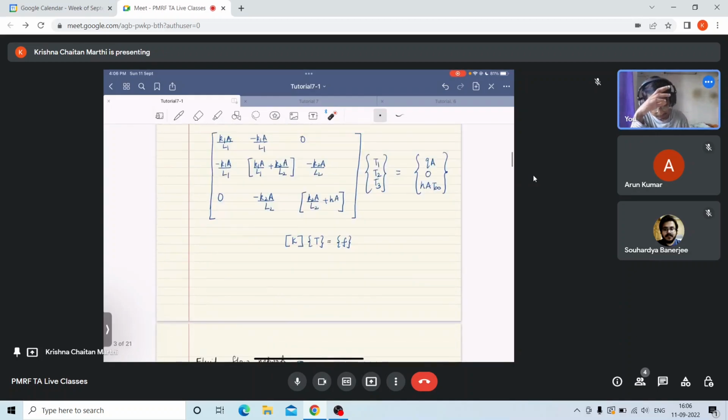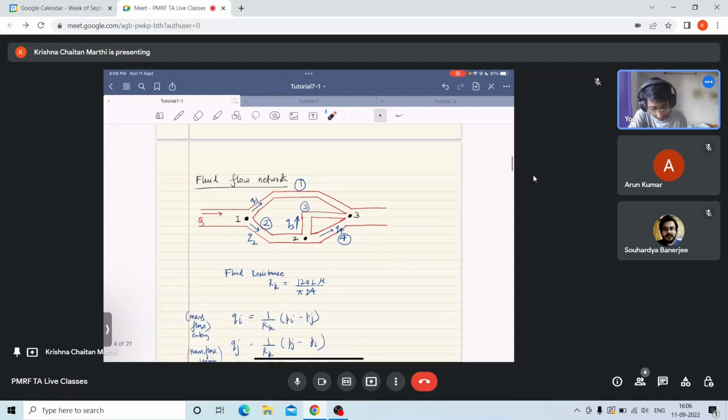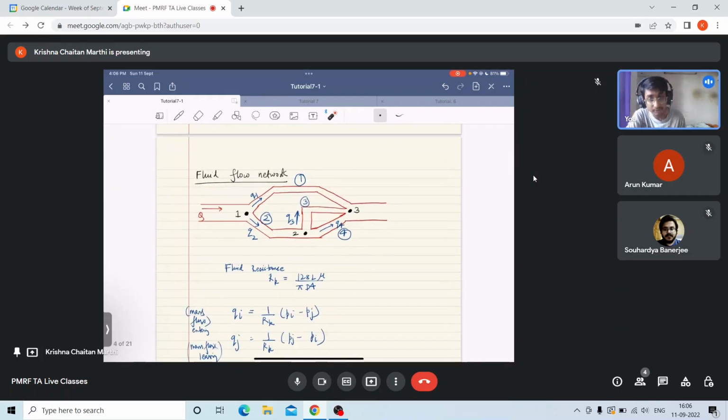So let us consider the second problem, which is a fluid flow network. Here let us say the mass flux entering the system is represented by Q, and this is node 1. Here the mass flux gets divided, like here we have small q1 and small q2, and I am considering this point as my node 2 and this point as my node 3.